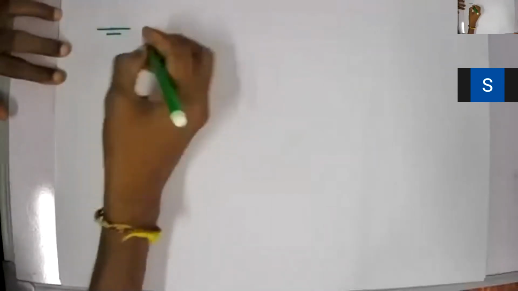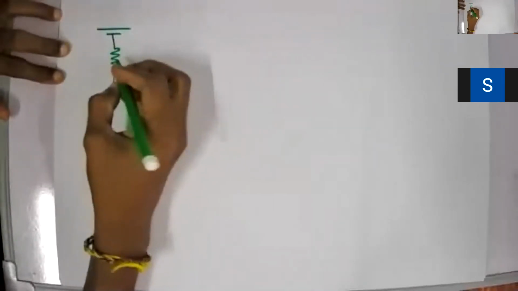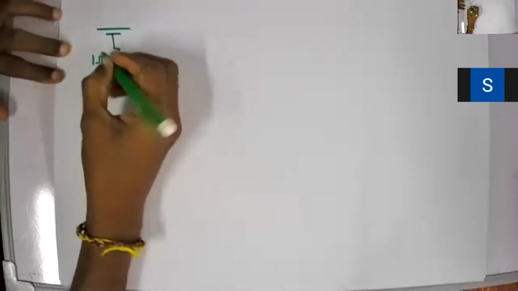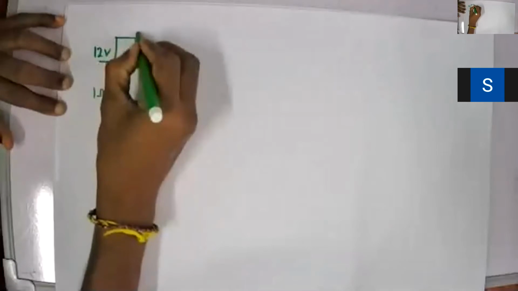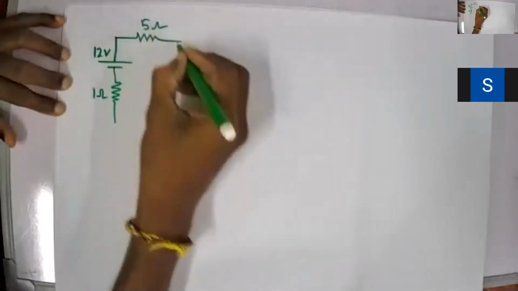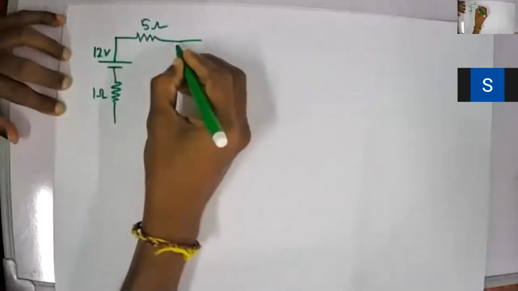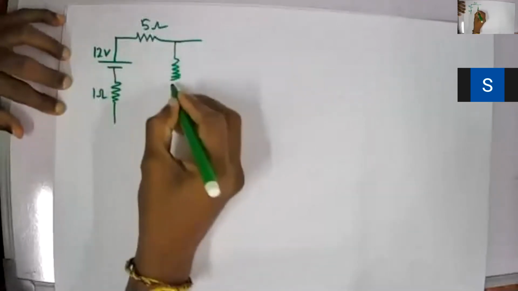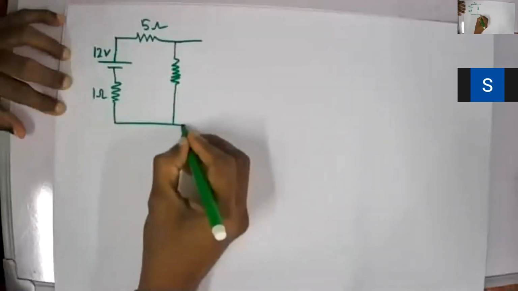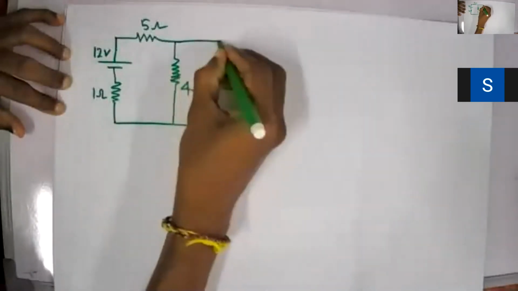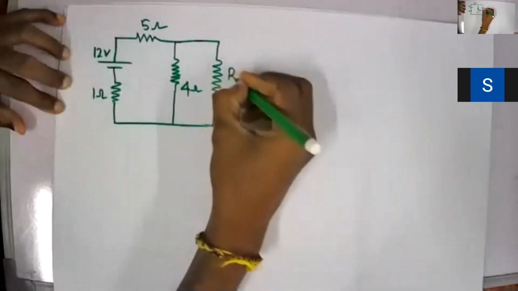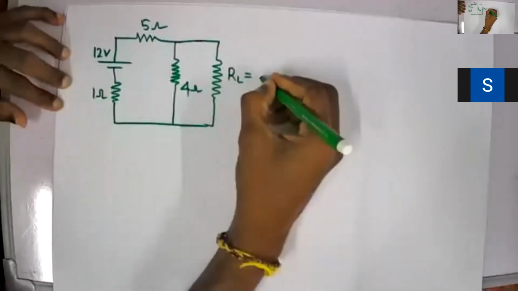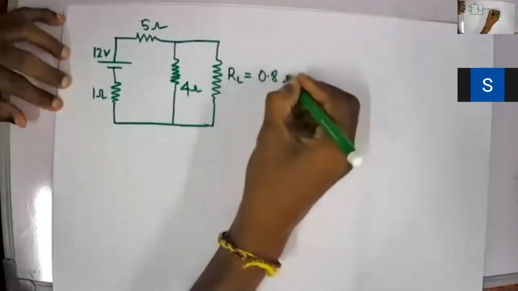Just have a battery of 12 voltage with an internal resistance of 1 ohm. Another resistor here, 5 ohm, then 4 ohm, and then I have another resistance here, RL, which is equal to 0.8 ohms.